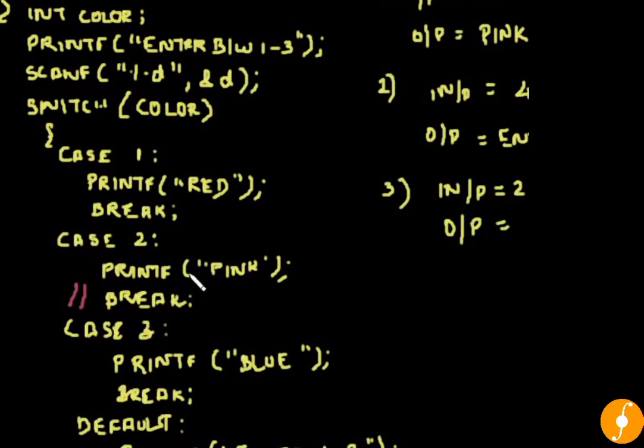Next, it sees the break is not there. So if this break is not there, until a break is encountered, the statements will get executed. So it also goes to the case 3. It prints the value blue.